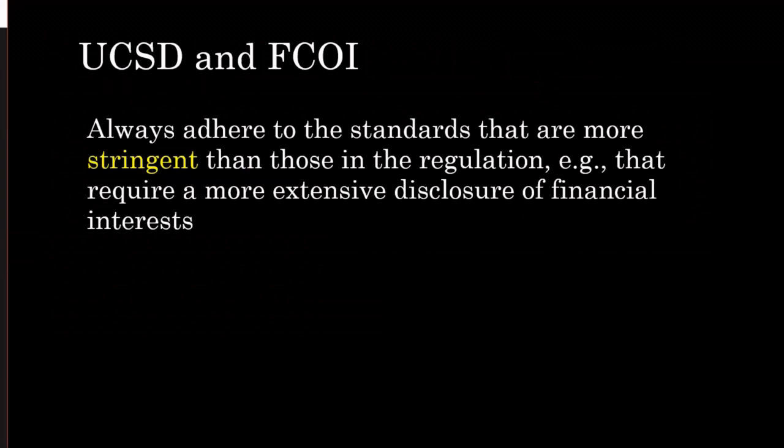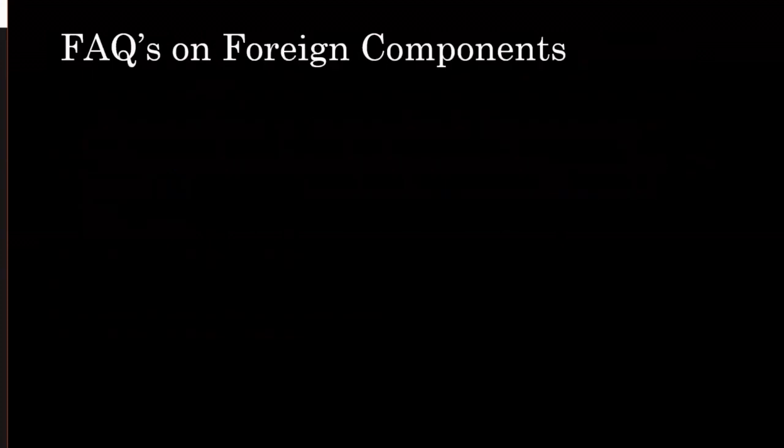This requirement is distinct and in addition to the reporting of other support and foreign components to the NIH. UCSD and FCOI always adhere to standards that are more stringent than those in the regulation, like requiring disclosure of all financial interests.